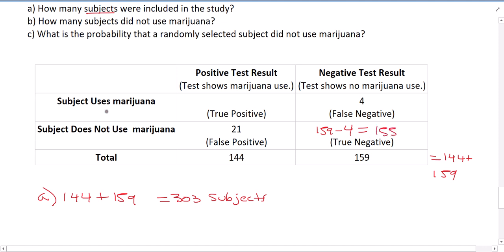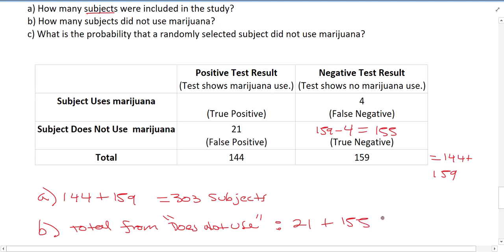So how many subjects did not use marijuana will be the total from the does not use row. So that means it's going to be 21 plus 155. And that gives me 176.